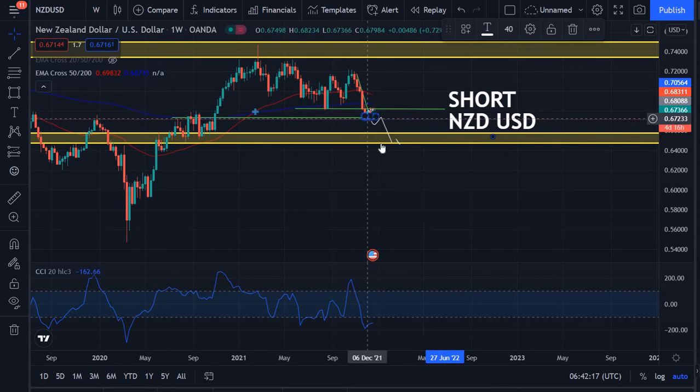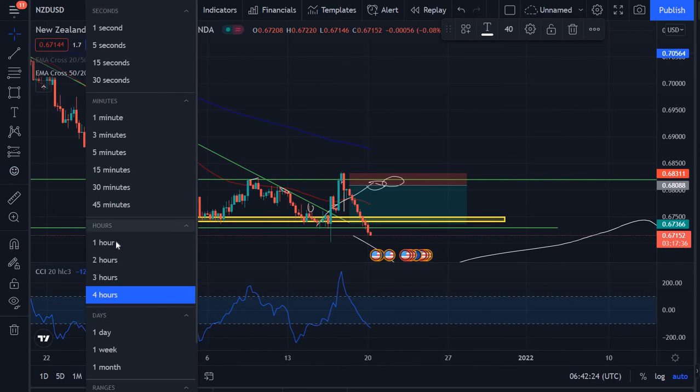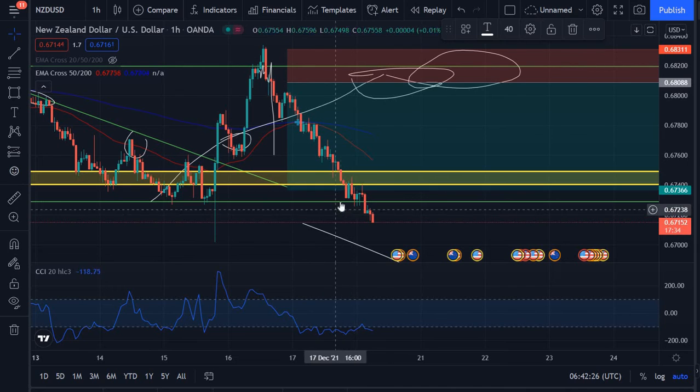So the next target would obviously be here, this area. So we will go lower. The New Zealand dollar will go lower. And here we broke this support area with this candlestick.